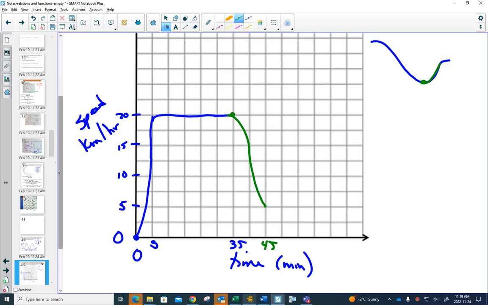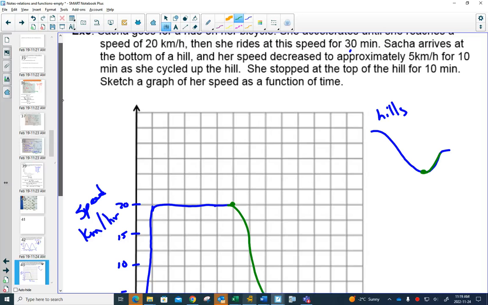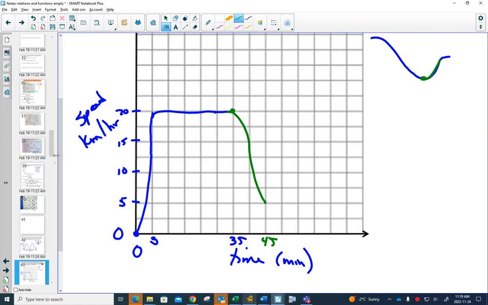So she's got lots of momentum, but as she's going up the hill, her momentum is slowing down and her speed is slowing down. Then she stops at the top of the hill for 10 minutes.